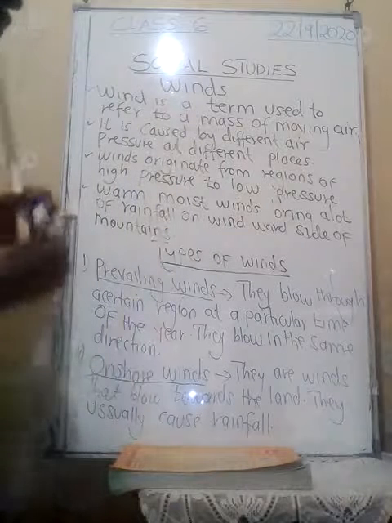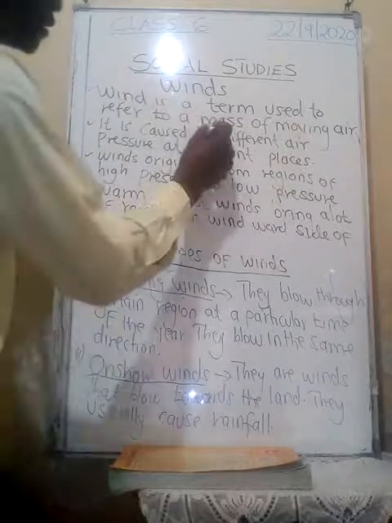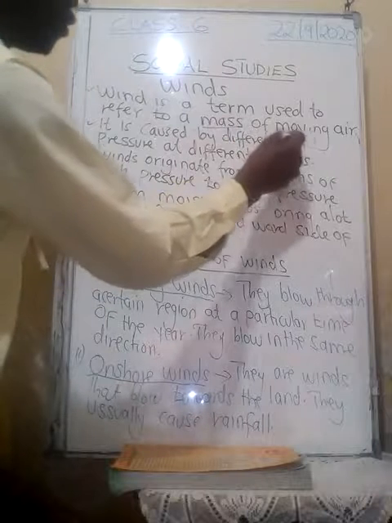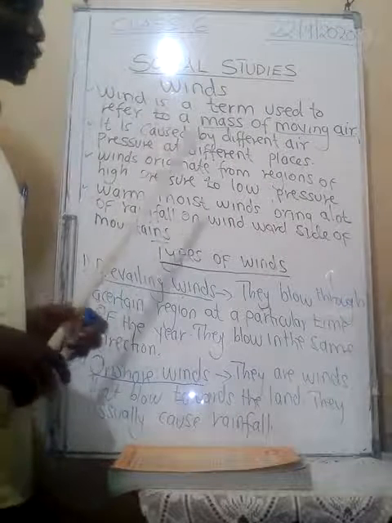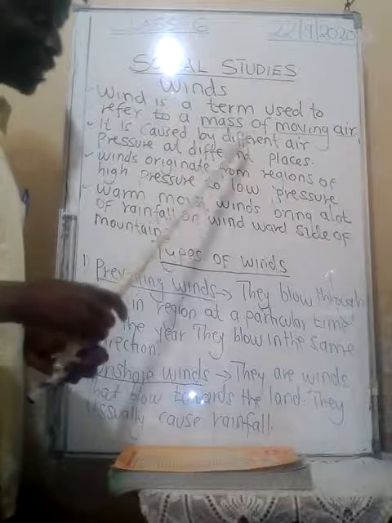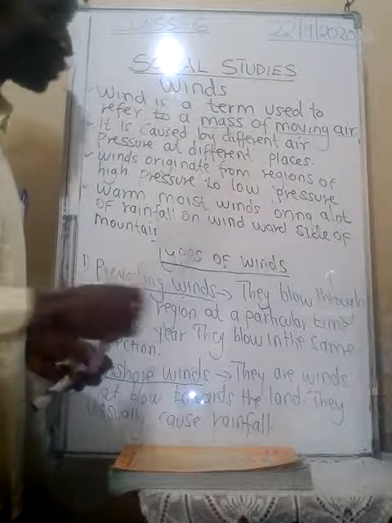So the point here is mass of moving air. It is a lot continuous going together, a collection of what you call wind. That's what you call a mass of moving air. That's what you're calling wind.